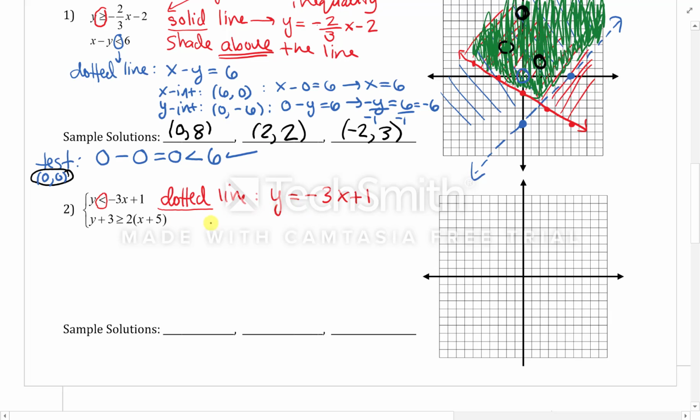And if you color a line in, that means you're including it as part of the solution set. But this is not part of the solution set. This is just a boundary for it. Okay, so this has a y-intercept of 1 and a slope of negative 3.